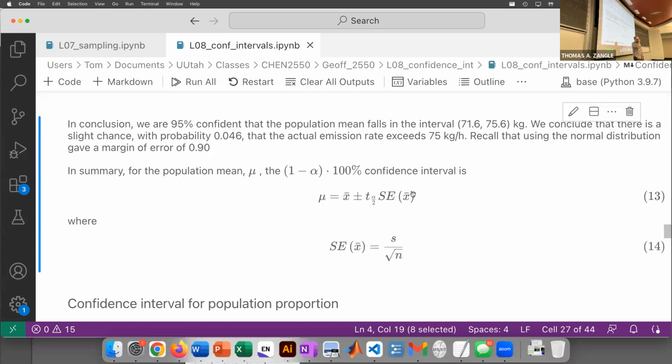The question is, if the t-distribution approaches a normal distribution for samples greater than 30, why not just use the t-distribution for everything? And you can, and you'll get the right answer.